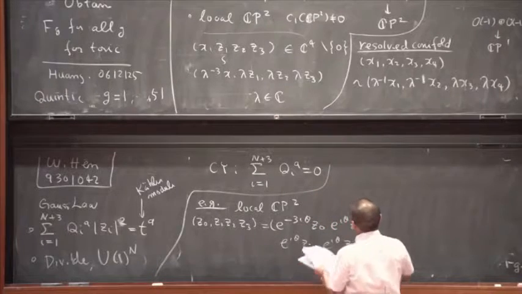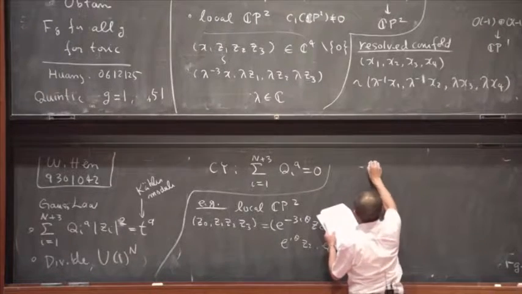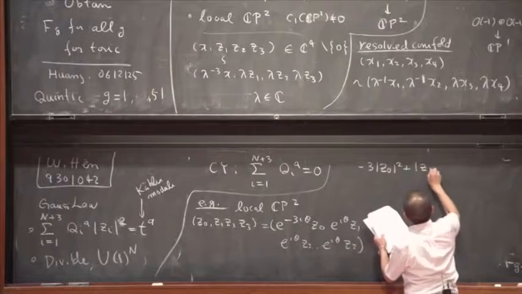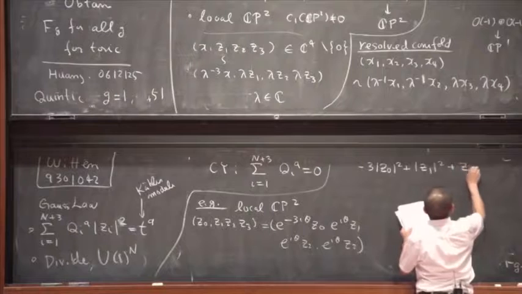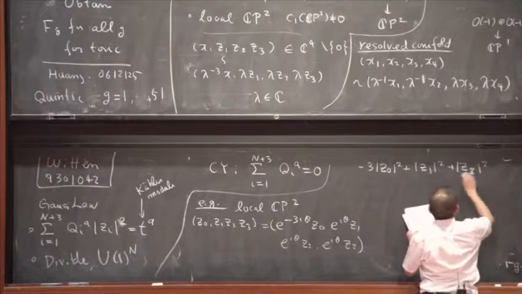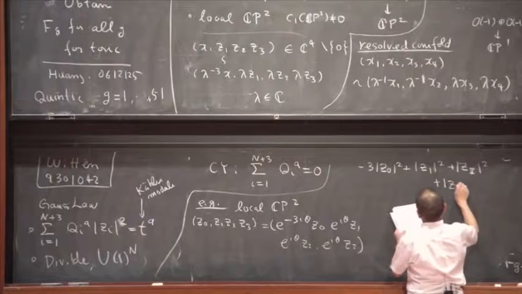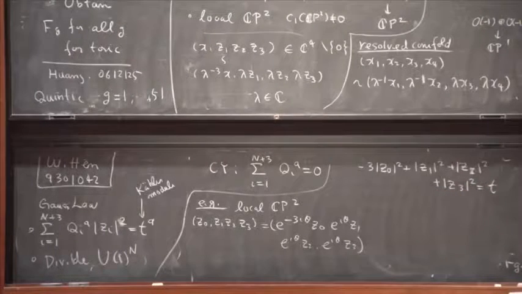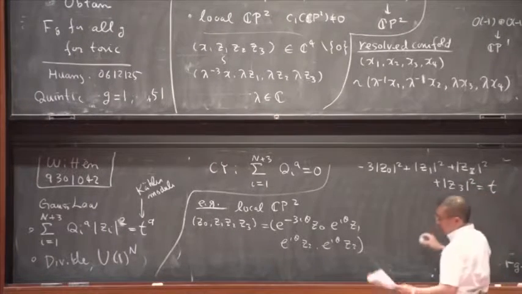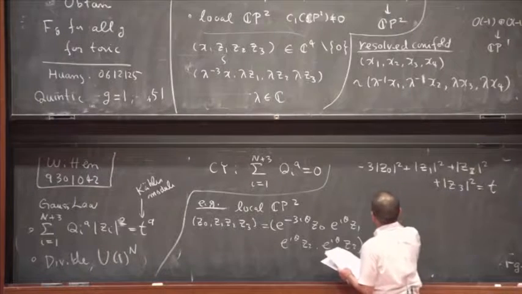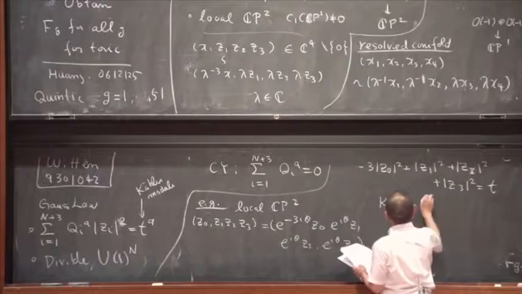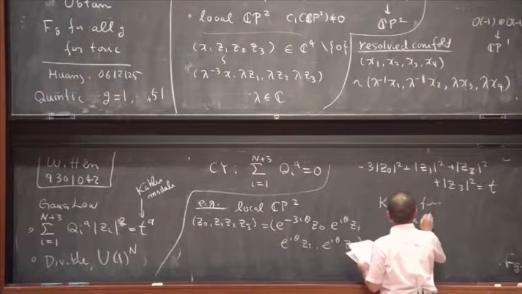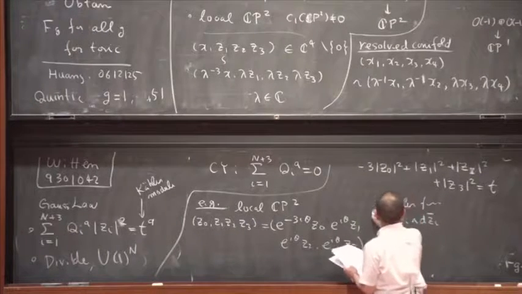And the Gauss law constraint you want to impose is -3|Z0|^2 + |Z1|^2 + |Z2|^2 + |Z3|^2 equal to T. That would be your Gauss law constraint. So this is what you want to do. And the Kähler form would be equal to dz_i wedge dz̄_i.